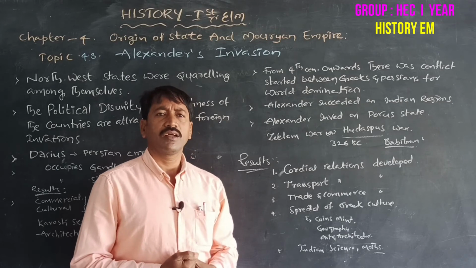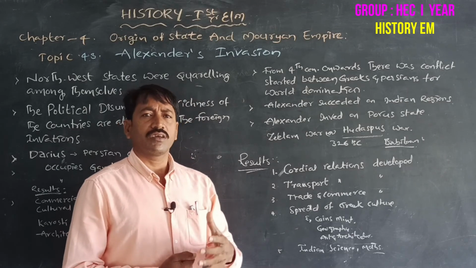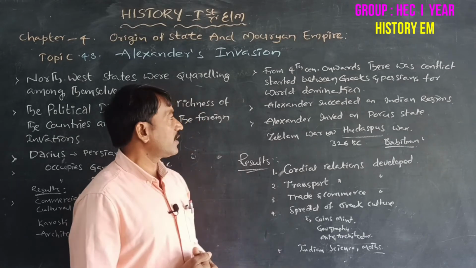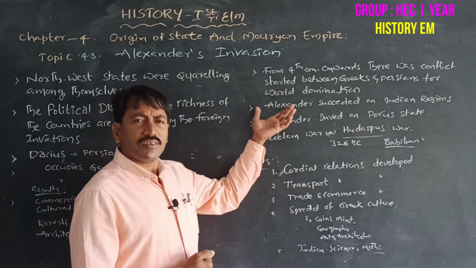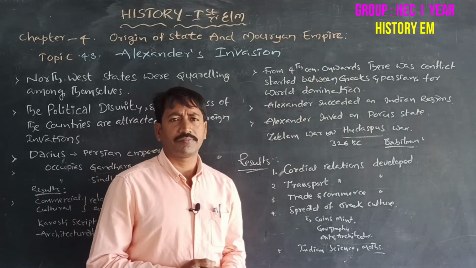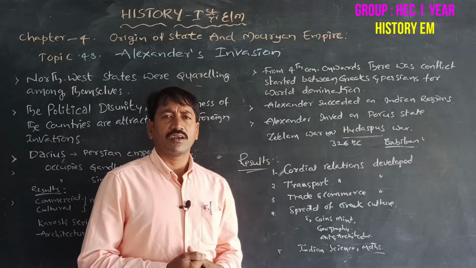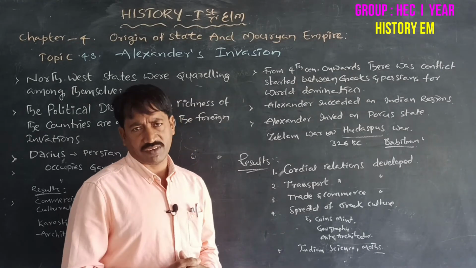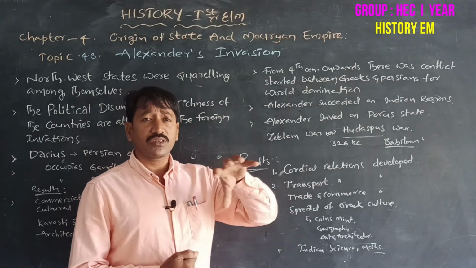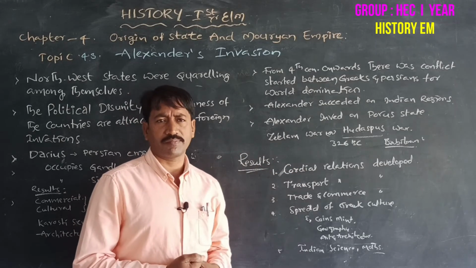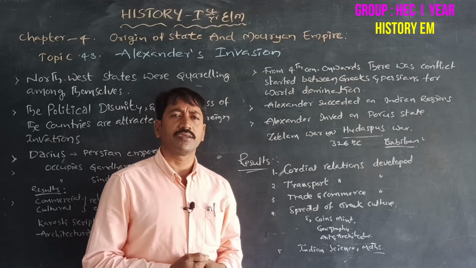He was the king of Macedonia, which is located in the Greek country. So he succeeded in defeating the Persian empire, and he totally occupied the Persian empire of the contemporary period.